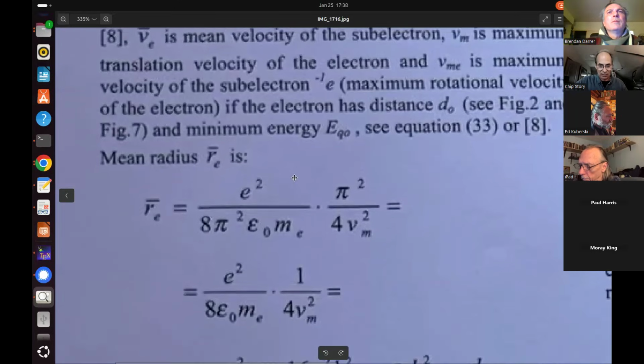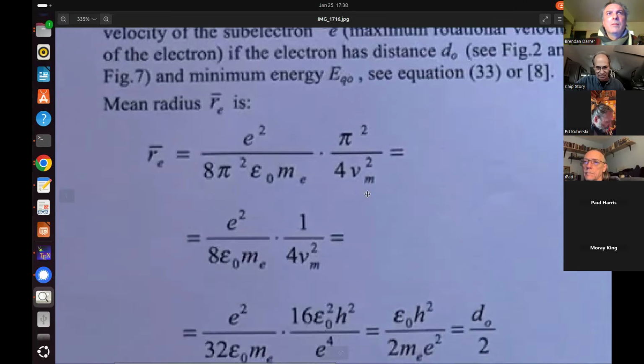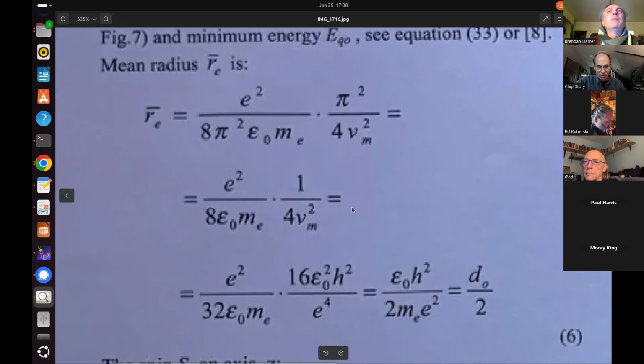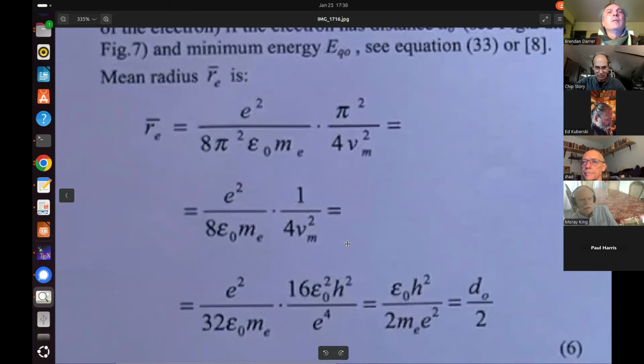If the electron has a very specific distance defined, and a minimum energy, there is a series of equations describing the minimum radius using a circular spherical cloud, 8 pi, and mass associated with it.